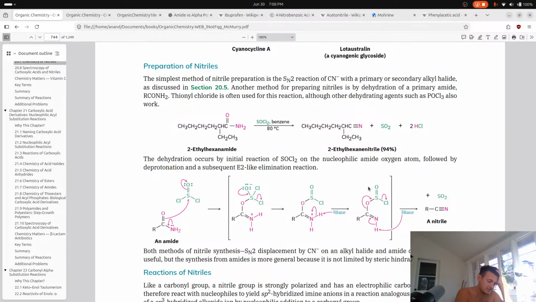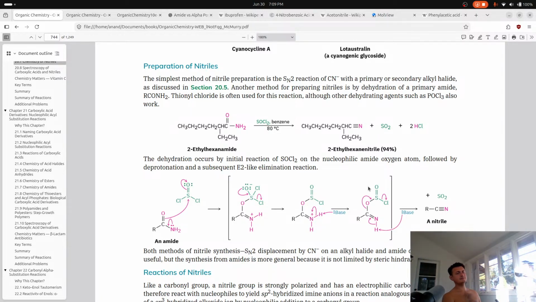And a base comes and takes this proton. And then we're left with R, C, O, S, O, Cl, NH plus HCl. But then a base again.